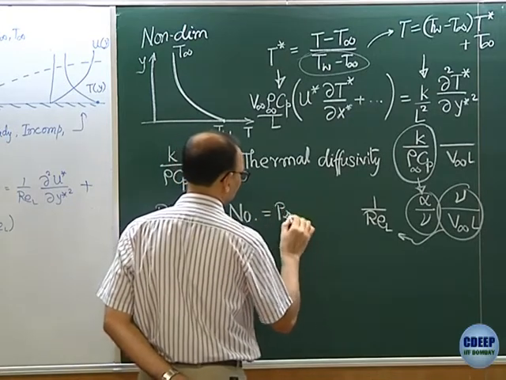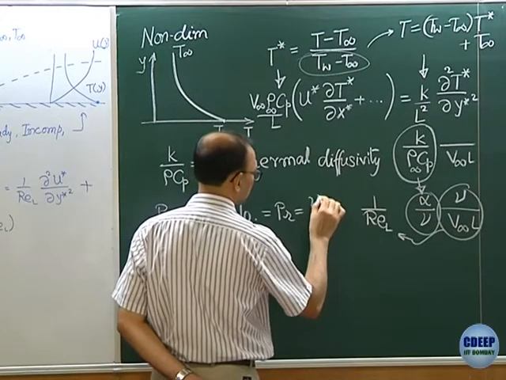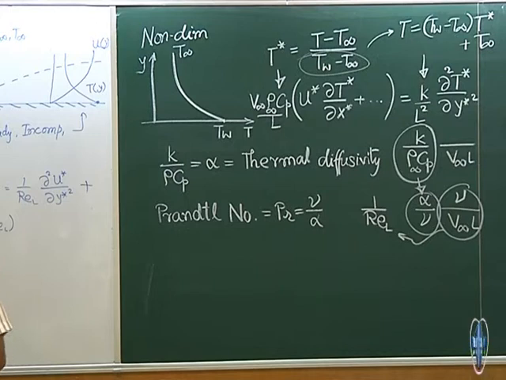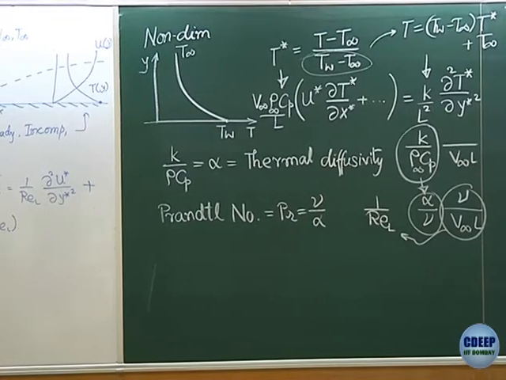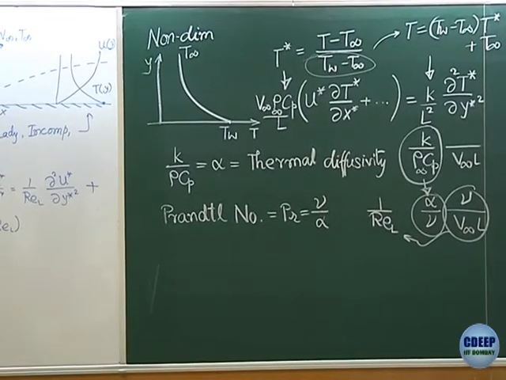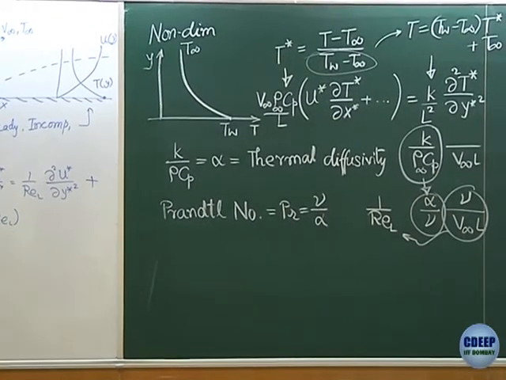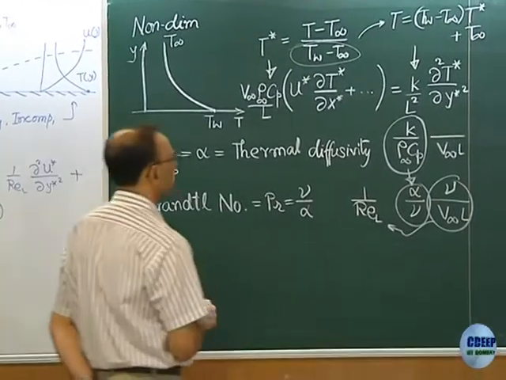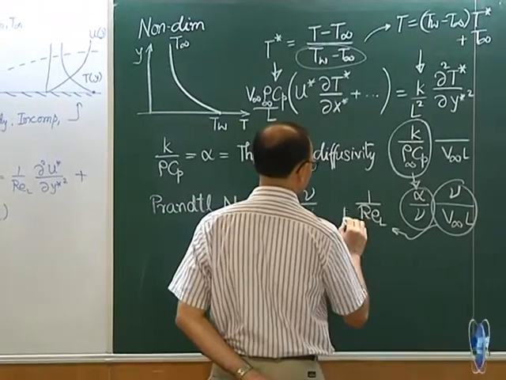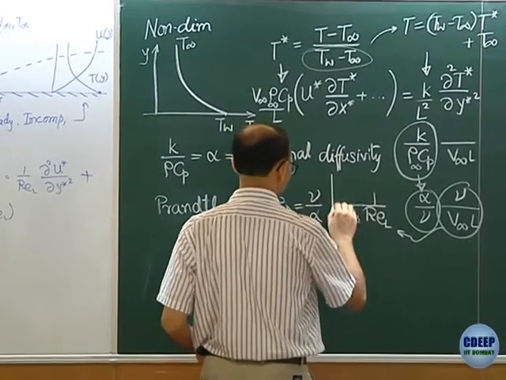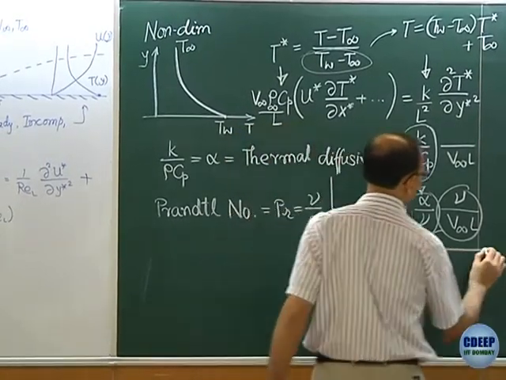Pr is kinematic viscosity divided by thermal diffusivity. Both happen to have the same dimensions. So that ratio gives us a non-dimensional number, Prandtl number. So what you get is a ratio like this.